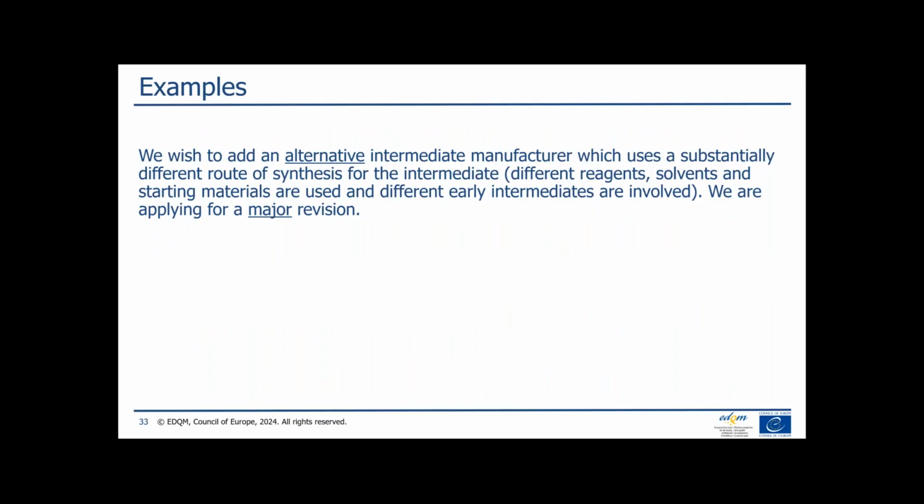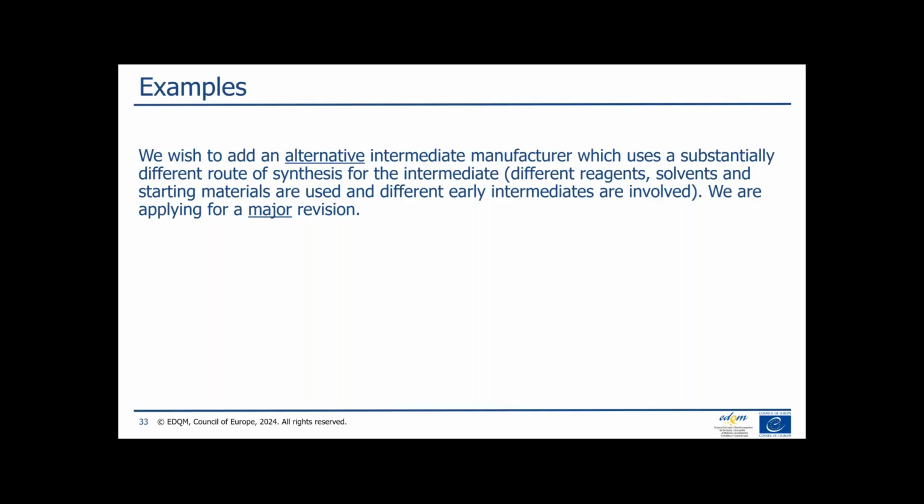Another example: we wish to add an alternative intermediate manufacturer which uses a different route of synthesis for this intermediate. Different route of synthesis means different reagents, solvents, perhaps even starting materials, perhaps different early intermediates.